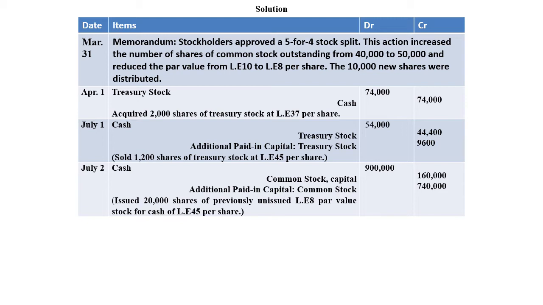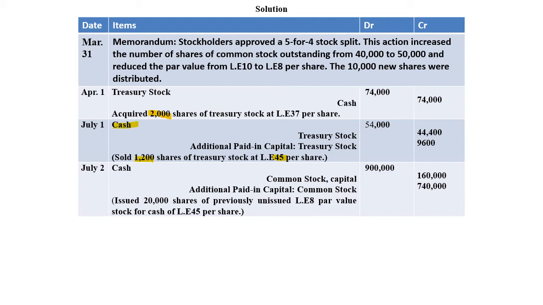Then on July 1, he says that the corporation reissued 1,200 shares from the 2,000 that were purchased as treasury stock. So it's a reissuance of treasury stock, and they were reissued at a price of 45 LE per share. So you multiply the 1,200 by 45 to calculate the cash collected from selling the treasury stock.